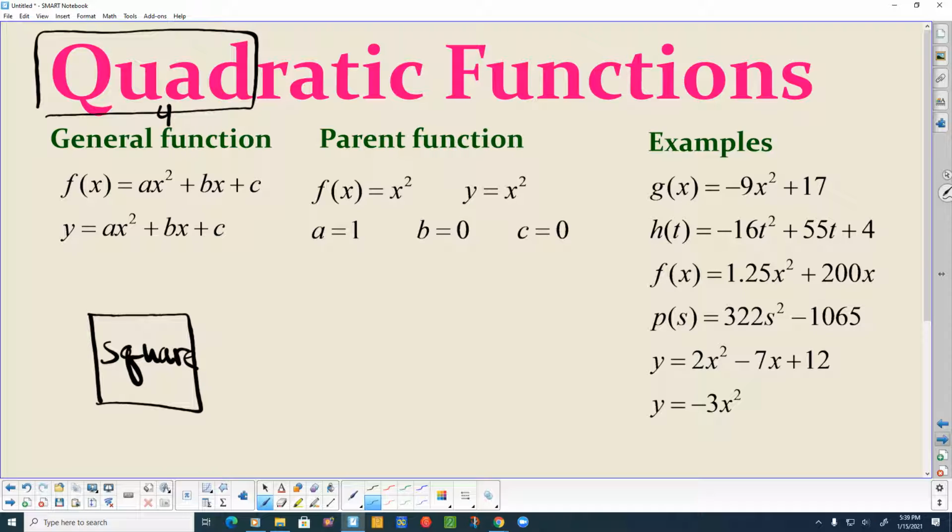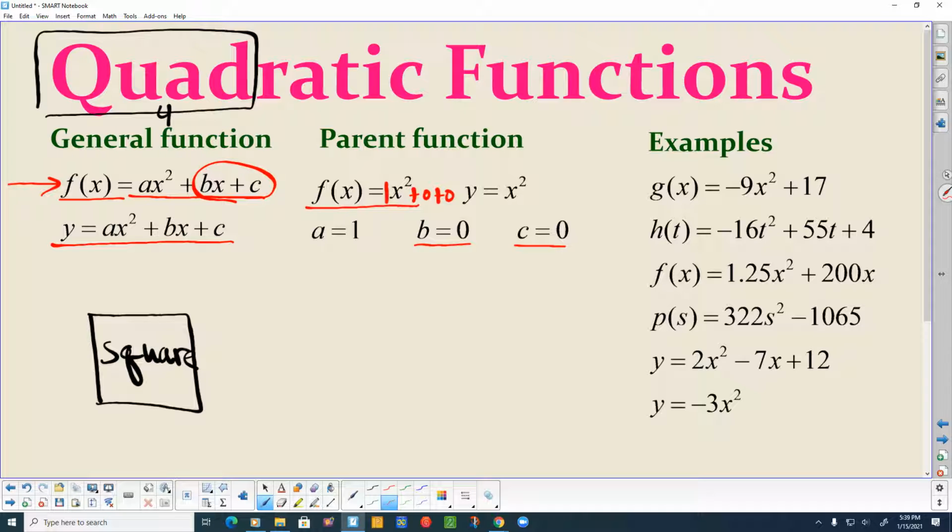The general function is f of x equals ax squared plus bx plus c, or y equals ax squared plus bx plus c. The parent function, the most basic one, is f of x equals x squared. In this situation, you have an invisible 1, and you have a 0 for b and 0 for c.